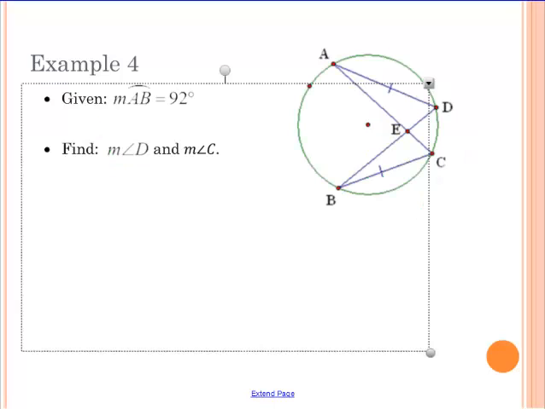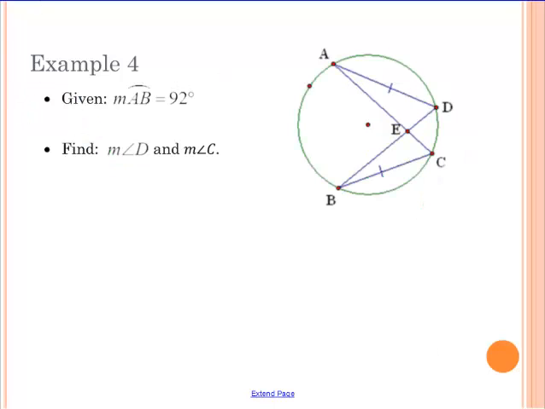So let's take a look here. We know arc AB is 92 degrees. I want to find angle D, and I want to find angle C. Now, angle D has a line here and a line here that make up arc AB. So half of 92 is going to be 46 degrees.